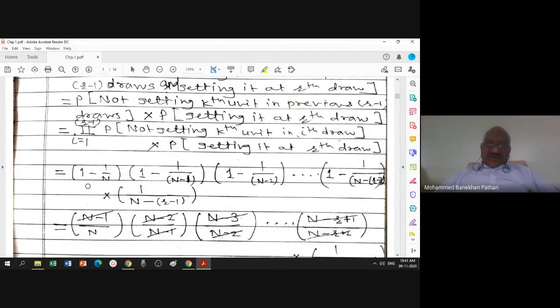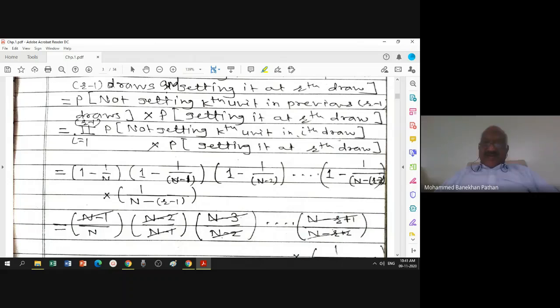At the first draw, the chance of selecting is 1 by n; if I say not, it is 1 minus 1 by n. This is the chance of not selecting at the second draw. It is selecting at the second draw, so 1 minus selecting is not selecting.